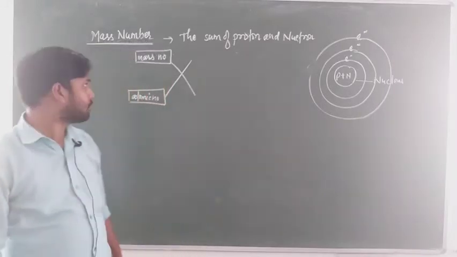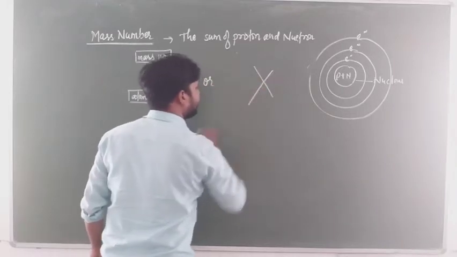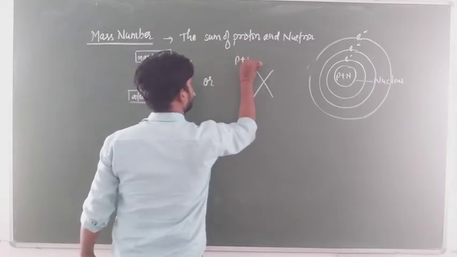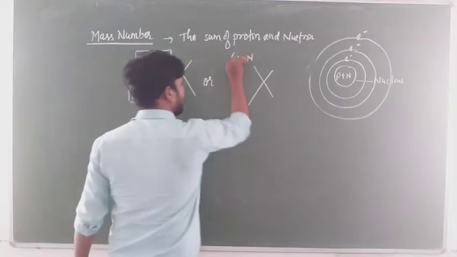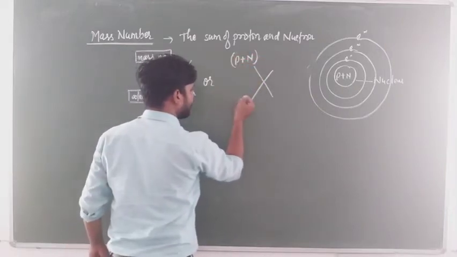Clear, students? Or we can write X as an element, the mass number we can write as proton plus neutron, and the atomic number we can write as Z.